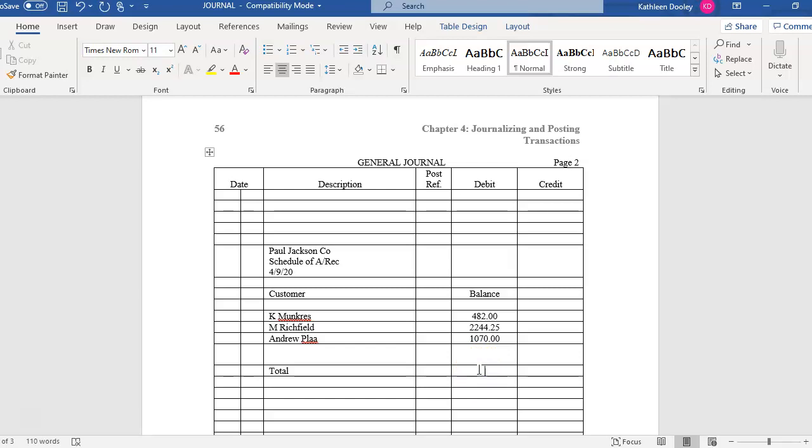Okay, so we're going to add those up, and we've got 482 plus 2244.25 and 1070, and that equals 37.96 and 25 cents. Okay, now I need to compare that to the accounts receivable in the general ledger and make sure that's the same.